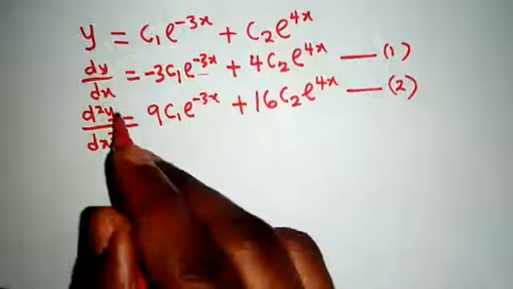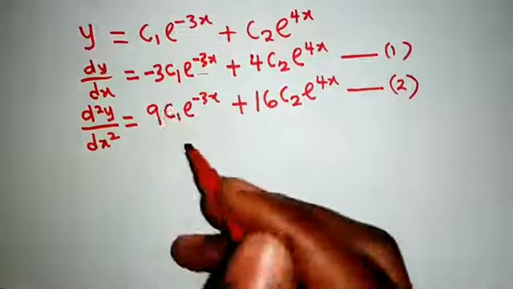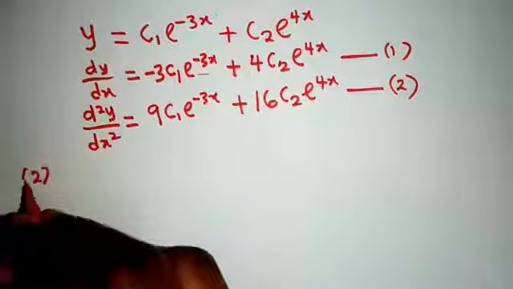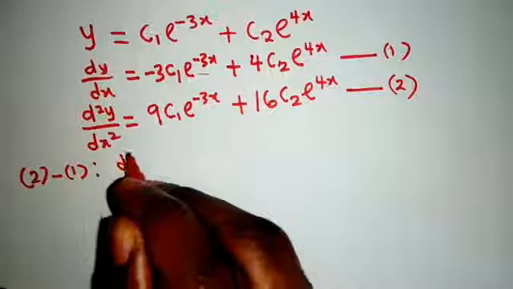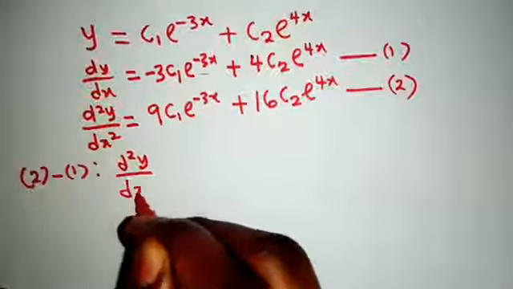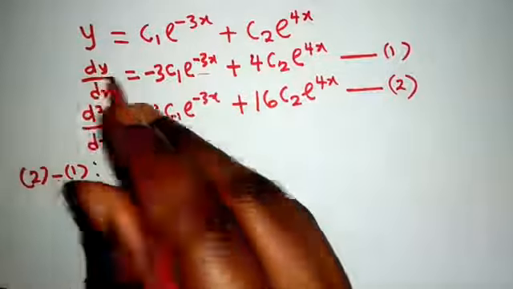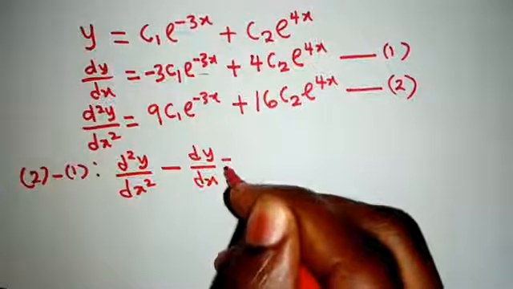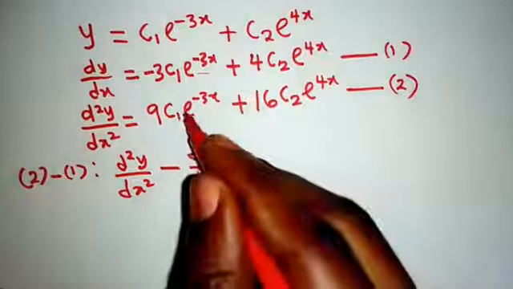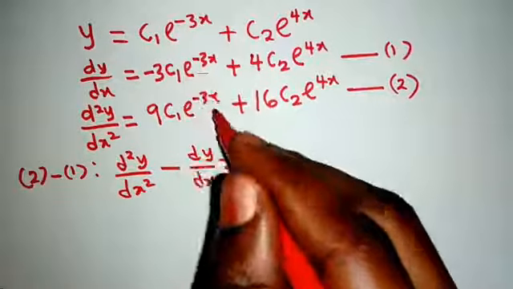And let's now subtract equation 1 from equation 2. That is, equation 2 minus equation 1 gives d squared y/dx squared minus dy/dx equals, now we subtract them term by term.